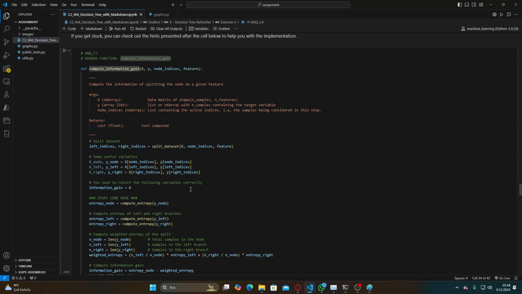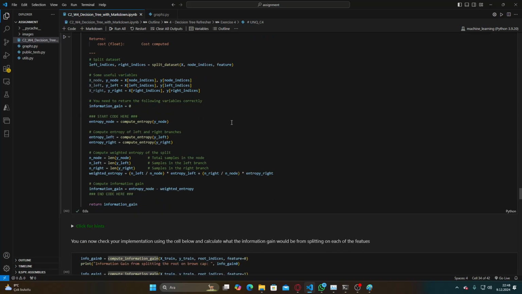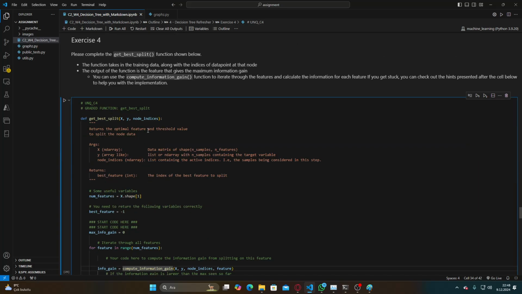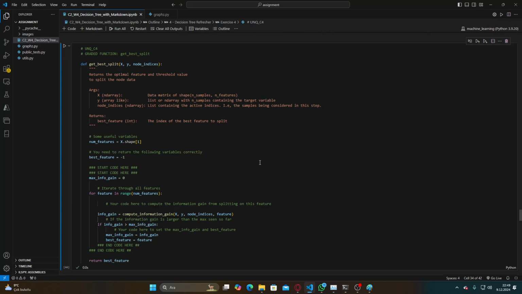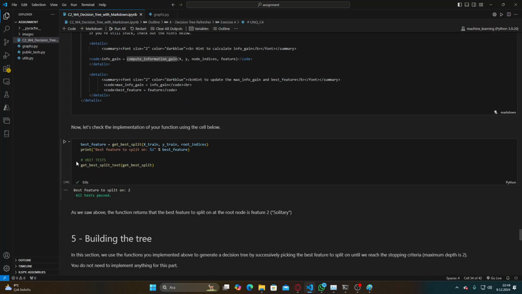We are using this one, splitting the dataset, calculating the entropy, and using the information gain from the splits. And the best feature, after we run it, we take it and split on it.